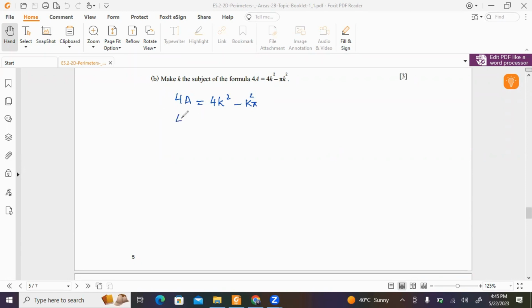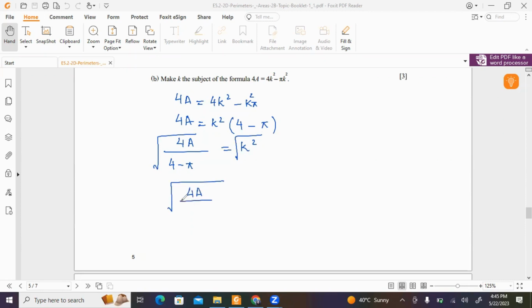So I'm going to take k square common over here, and in the brackets we're going to have 4 minus pi. And I'm going to divide 4A by 4 minus pi and isolate k square. Now I'm going to take the square root on both sides, which gives me the square root of 4A over 4 minus pi.